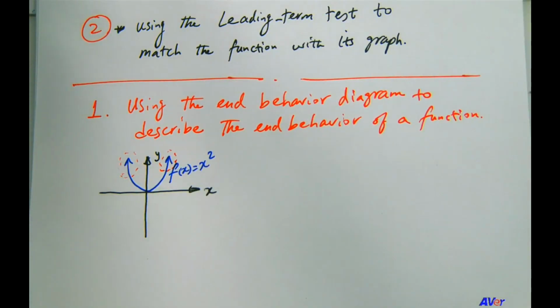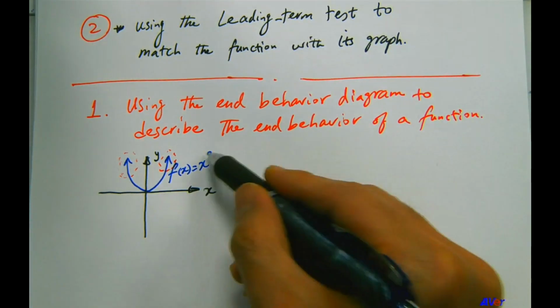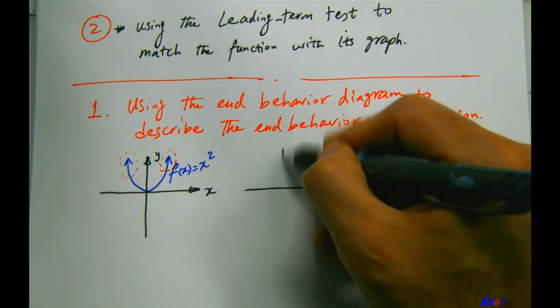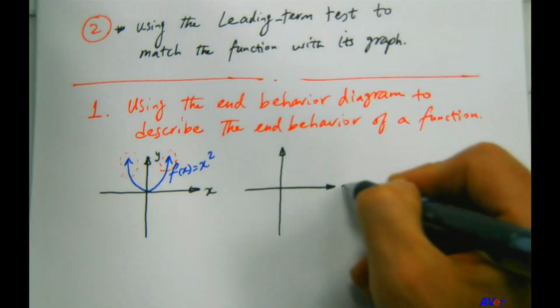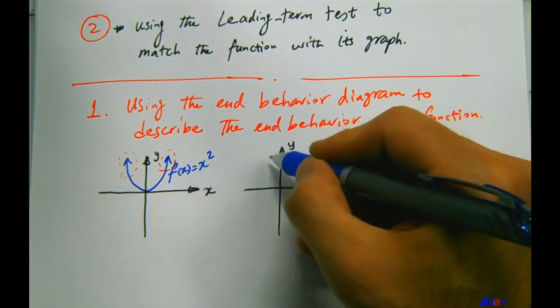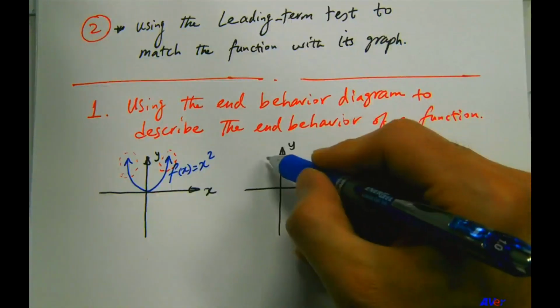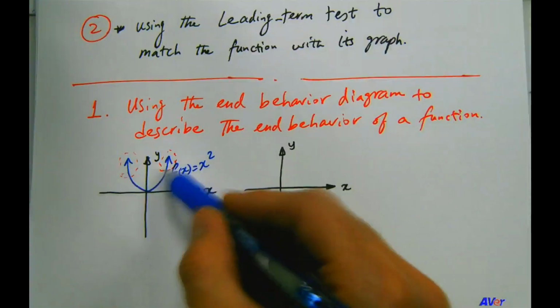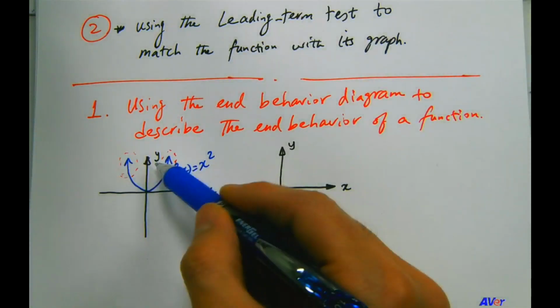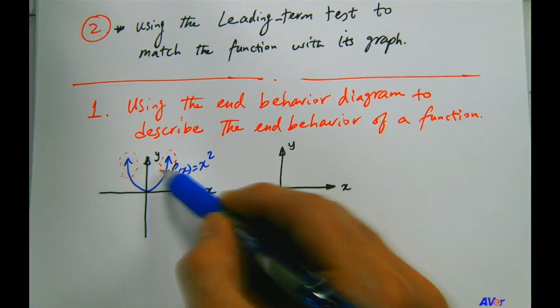So if you then have another function with even power, suppose you have, let's say, x to the sixth power, another power function with an even power, then the graph will retain its general form as far as the way these end portions of the graph behave.